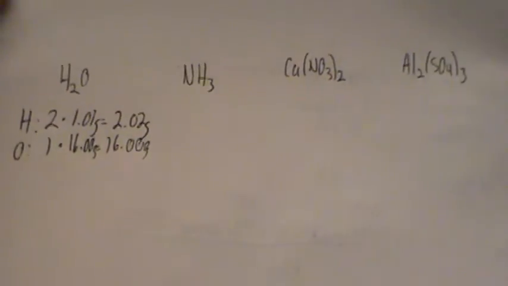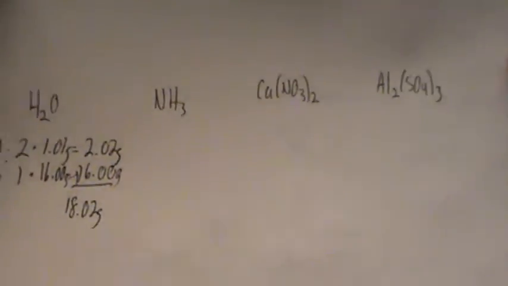Oxygen, like we had up top, is 16. So 1 times 16 is 16. After we've done that for each element within the compound, we add up those numbers. So 2.02 plus 16 is 18.02 grams, which is equal to 1 mole of H2O, water.